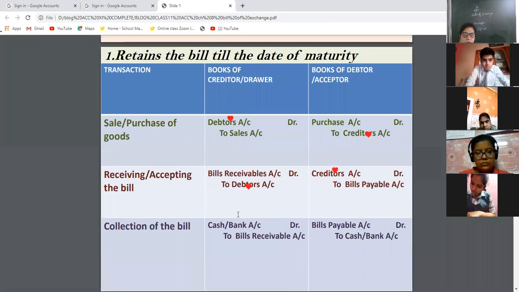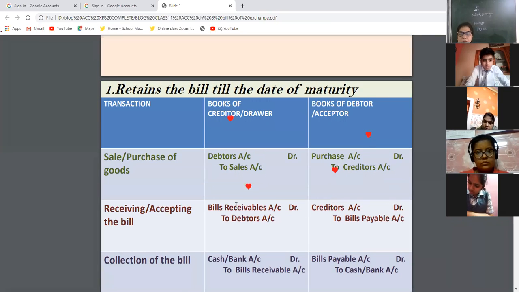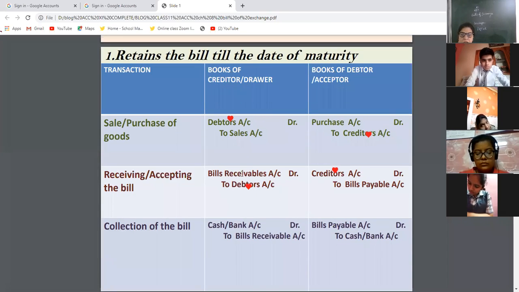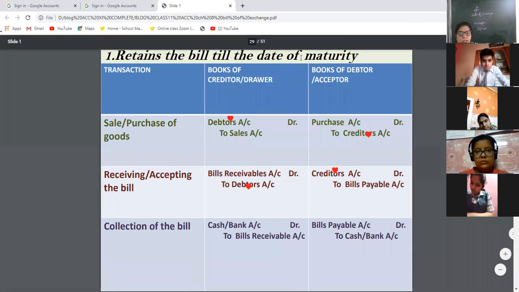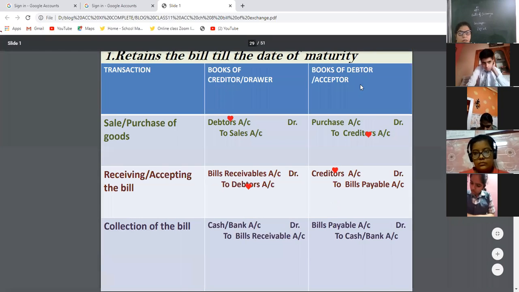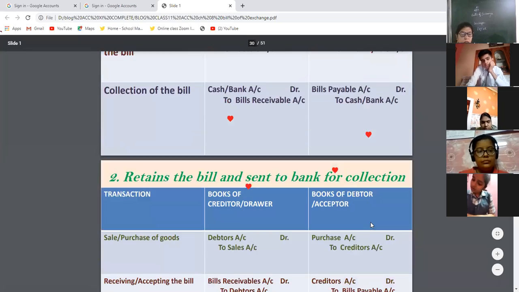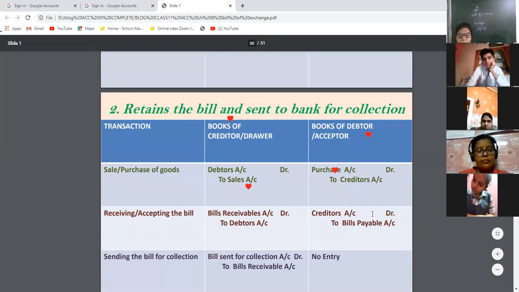But we cannot pass this one entry because this is a credit transaction, possible with the help of bills of exchange, and the payment will be received at the time of maturity only, with three days of grace. Now the drawee will pass the entry. First he will pass the entry for purchase, then give bills payable, then on maturity he will make the payment.